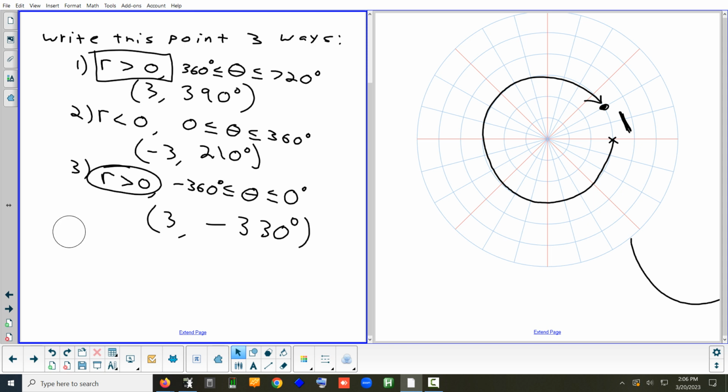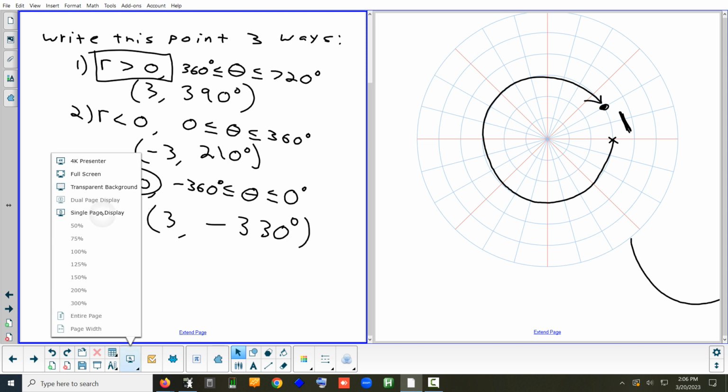So 3 different ways to write the same thing. And how many ways did I say there are up to? Up to 4. Sometimes only 3. Okay, any questions on that?